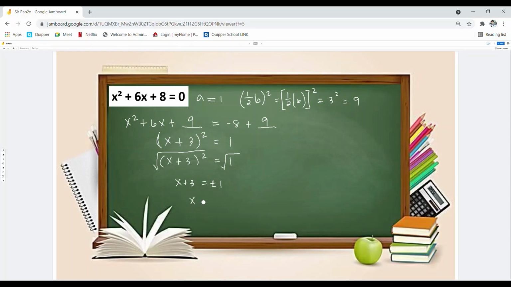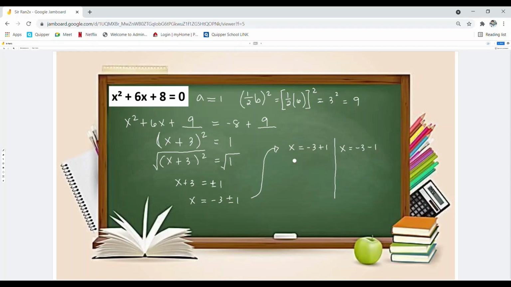So x equals negative 3 plus minus 1. Then you have to separate the plus minus 1 to get your x's. So x is equal to negative 3, let's have first the plus 1. And the other x is equal to negative 3 minus 1.